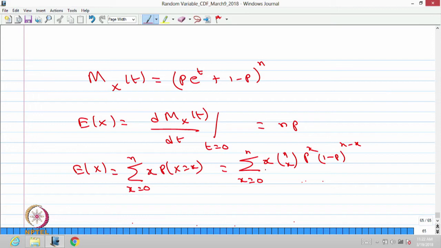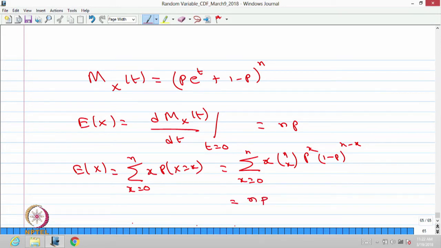You can cancel x with the n c x term, therefore, you will get factorial n divided by n minus x factorial and x minus 1 factorial. So, now you can keep 1 n and 1 p outside.